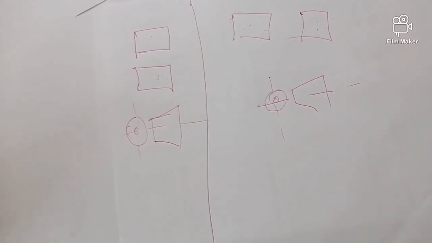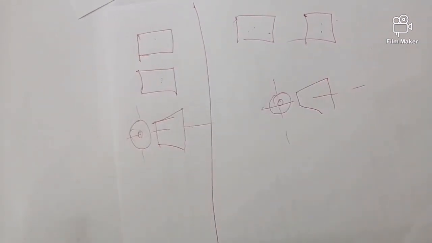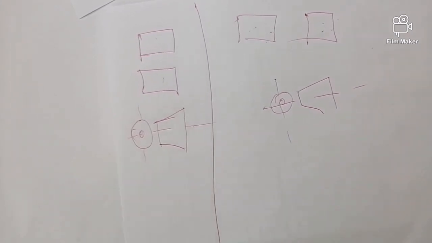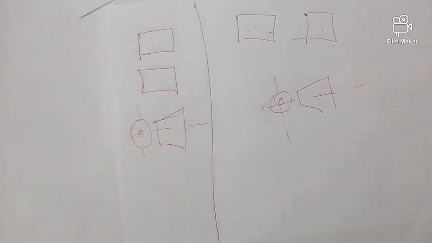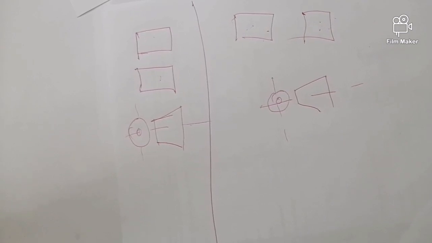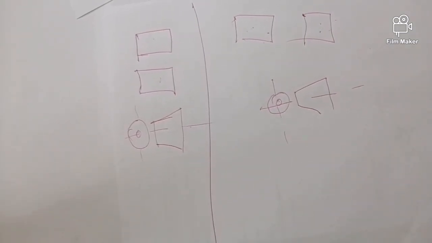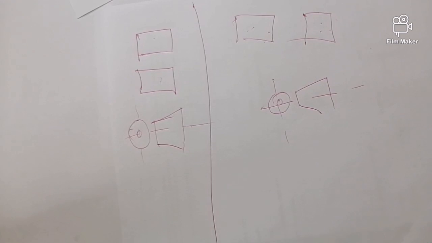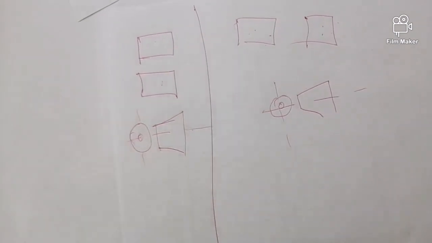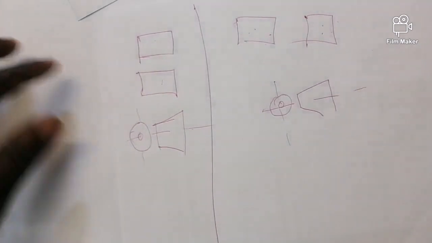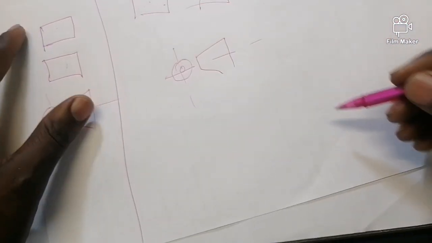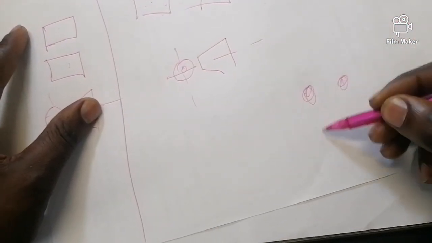In most cases, you'll be given two views. Are we together? Whether you are supposed to draw an isometric or a sectional drawing, because that's where orthographic is used the most. In most of the time you'll be given two. If there are three, then it will be very simple for you: a view here, a view here, a view there.